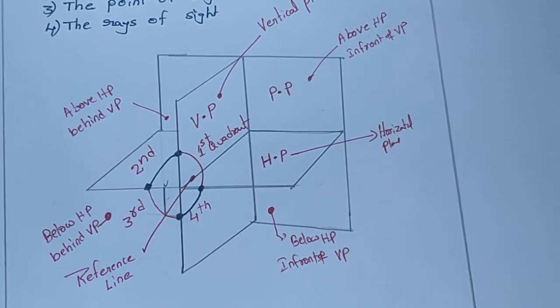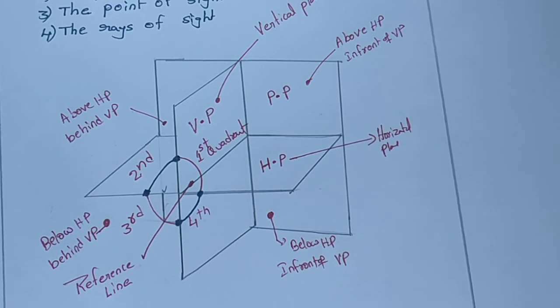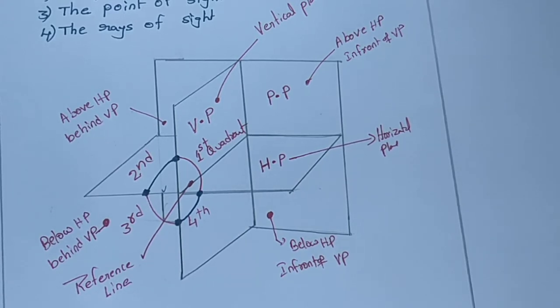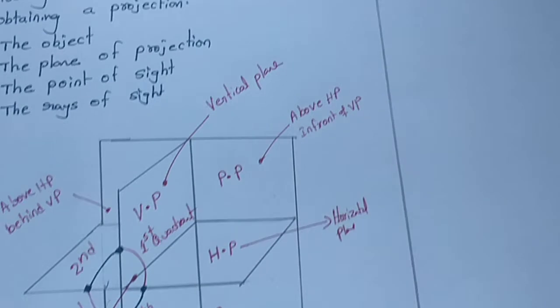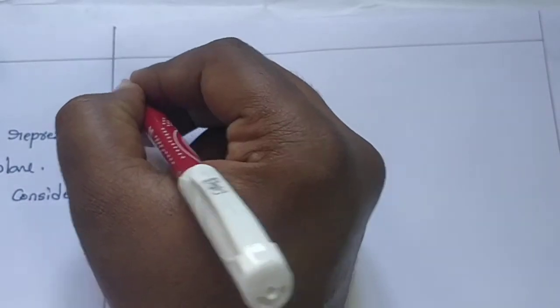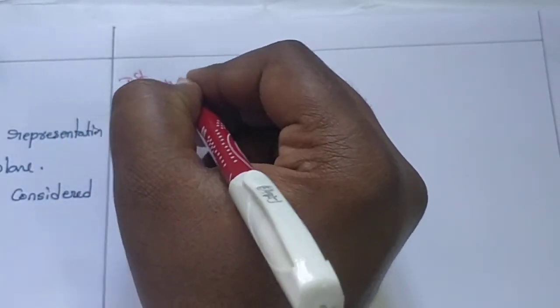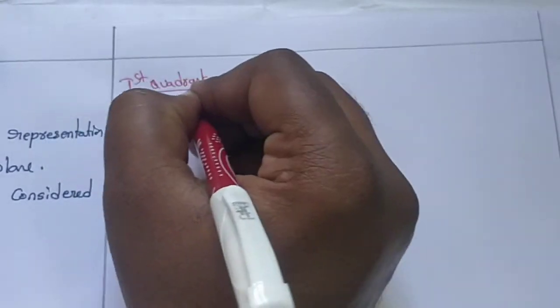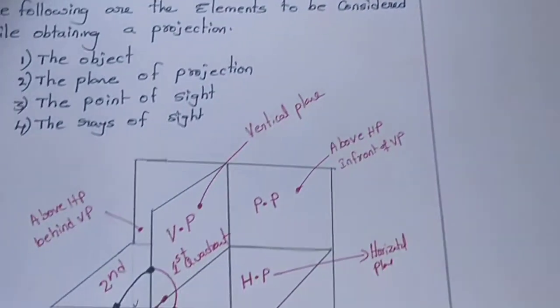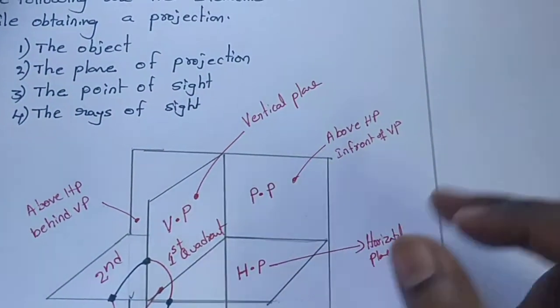Suppose we need to draw the projection when an object is in the first quadrant. Here, I am going to draw this plane separately.